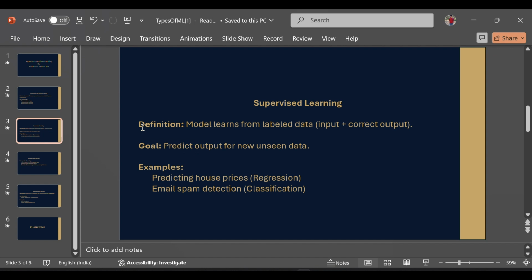In this, the model learns from labeled data, where we give the input and the respective output, and the model predicts the output for new unseen data. For example, prediction of house price using regression and email spam detection using classification. Let's understand it in detail.